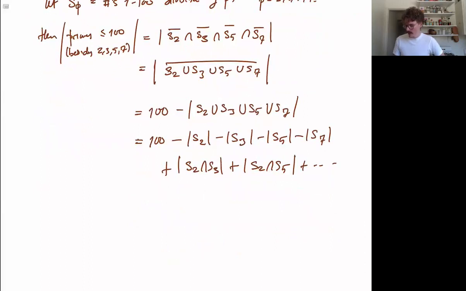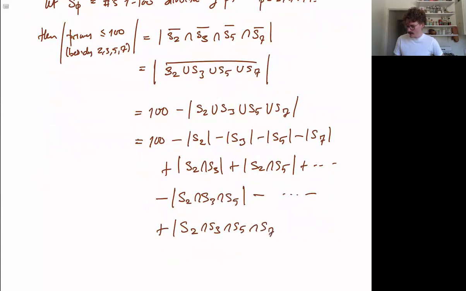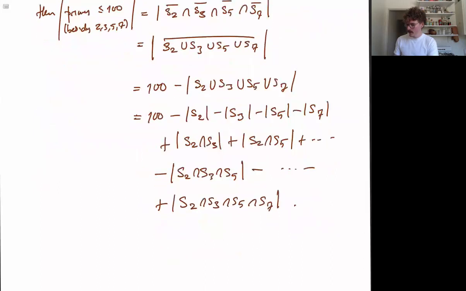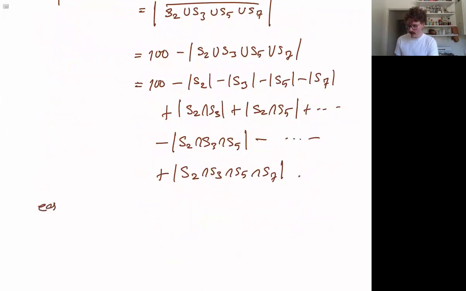Then minus S2 intersect S3 intersect S5, minus all of the triple intersections, and finally plus the single quadruple intersection S2 intersect S3 intersect S5 intersect S7. And the point of doing all this manipulation and writing it out this way is that it is easy to count.